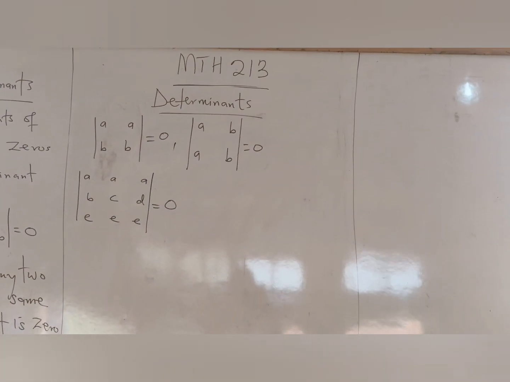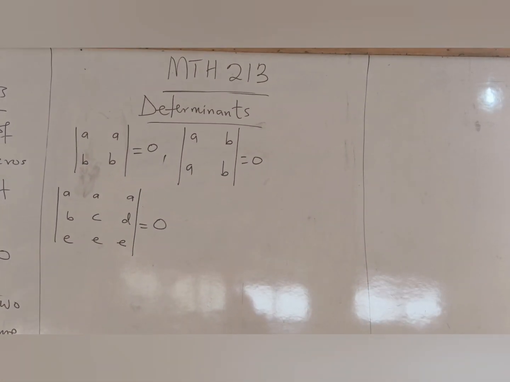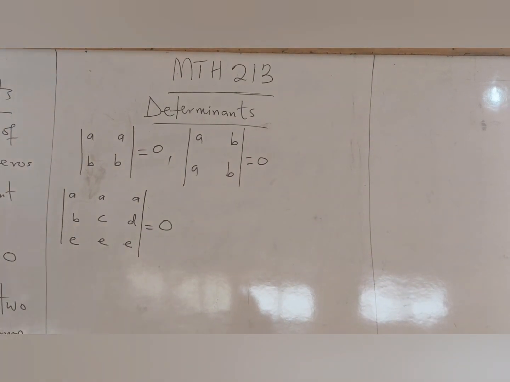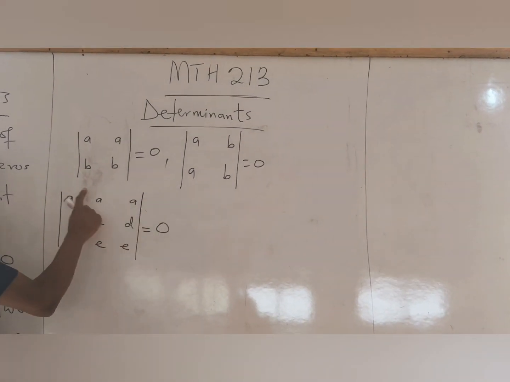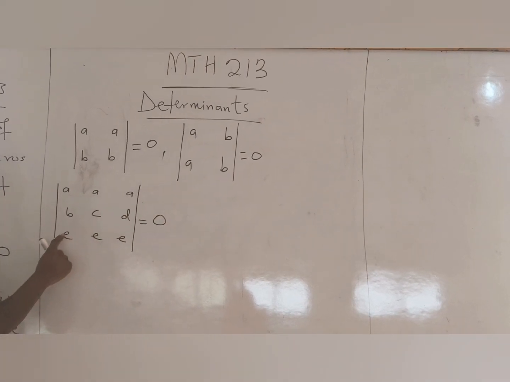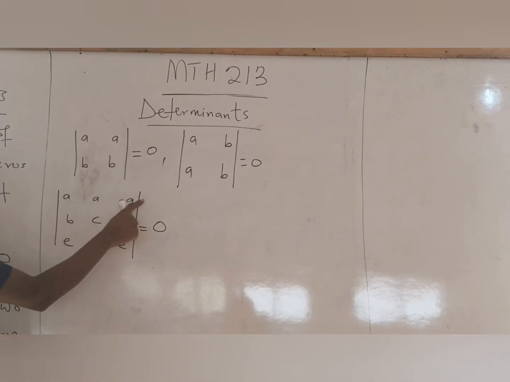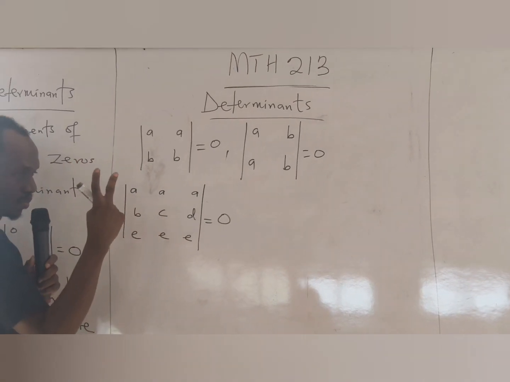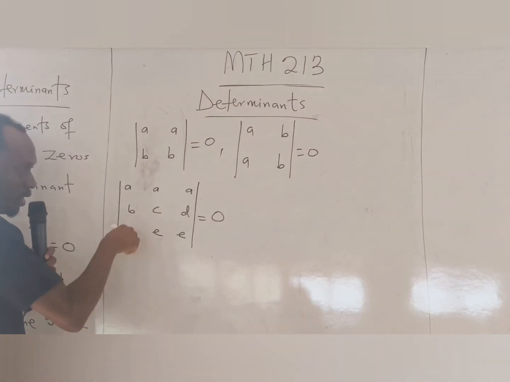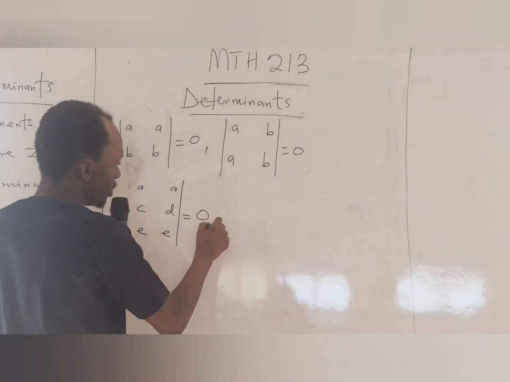So anytime there is any two rows, the elements are the same. The entries are the same throughout. So this row and this row, this one row, this another row. So any two, if the entries are the same in that row, it is 0.